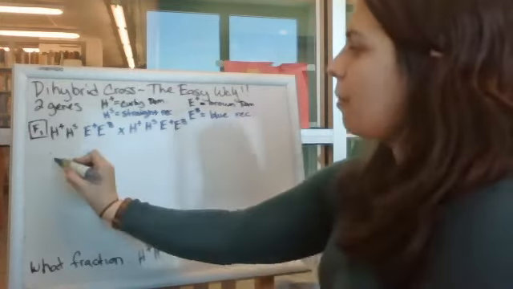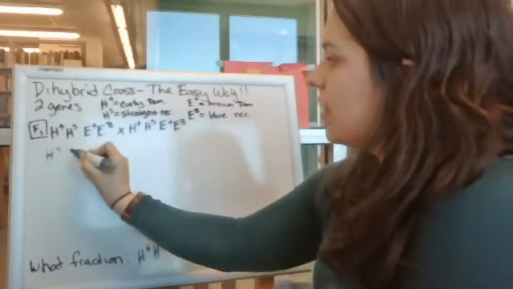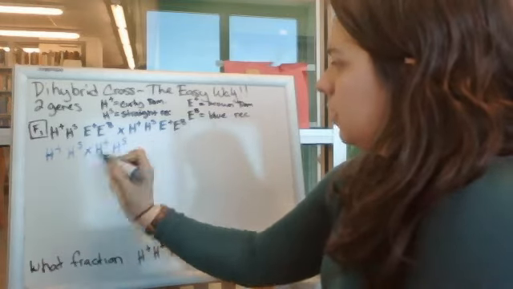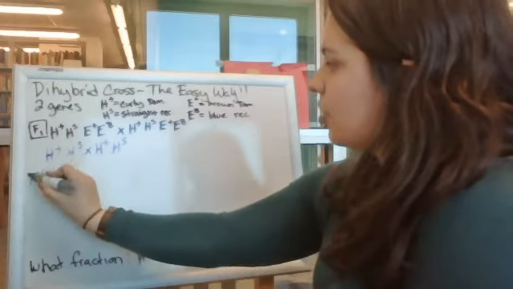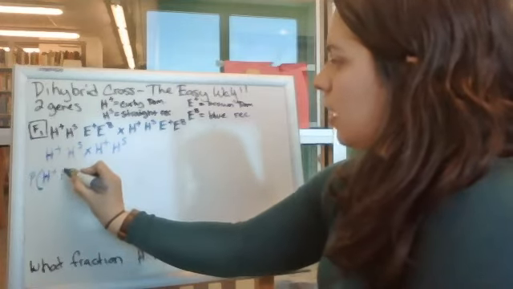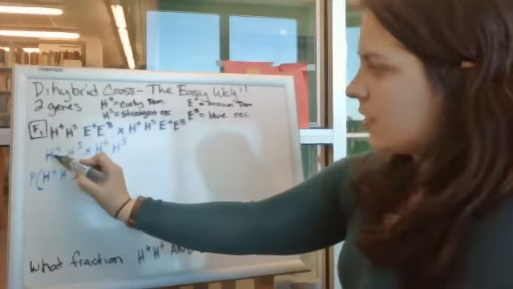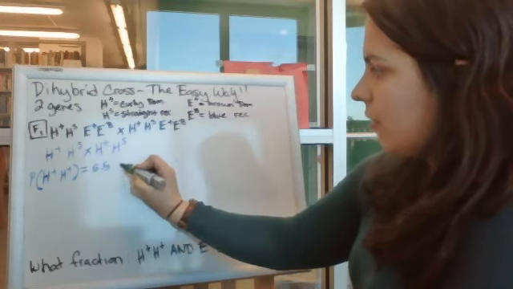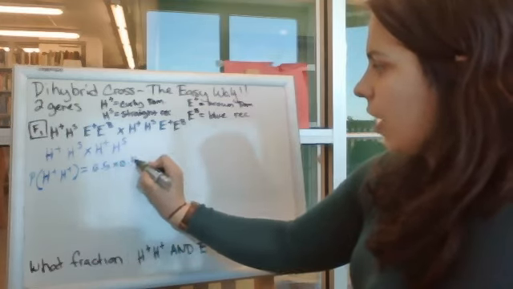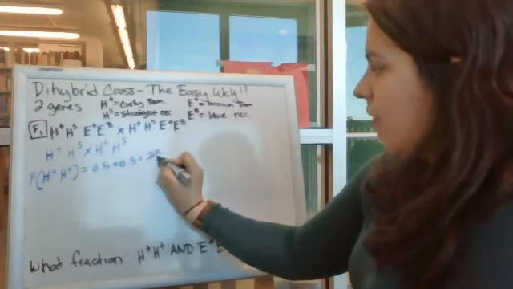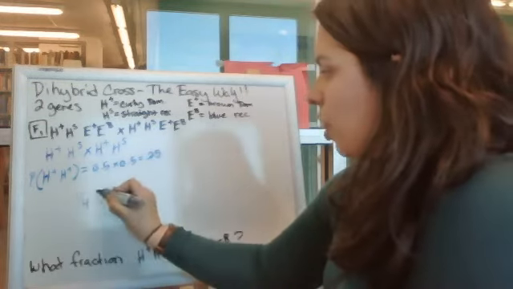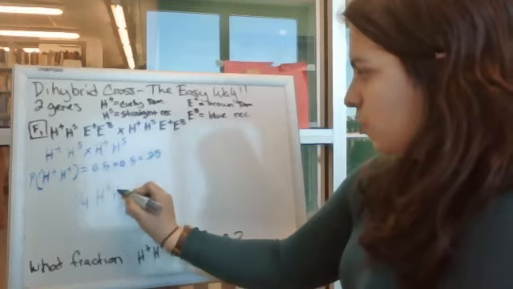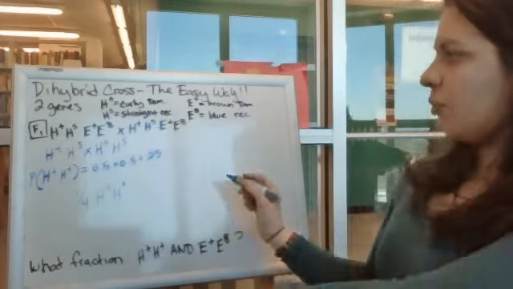Well, we know that when you cross H plus HS with H plus HS, the probability of this, we can write this as probability H plus, is a 0.5 chance, this is a 0.5 chance, equals 0.5 times 0.5, which equals 0.25, right? So you know that 1/4 of the offspring in the hair part of this cross is going to be H plus, H plus.